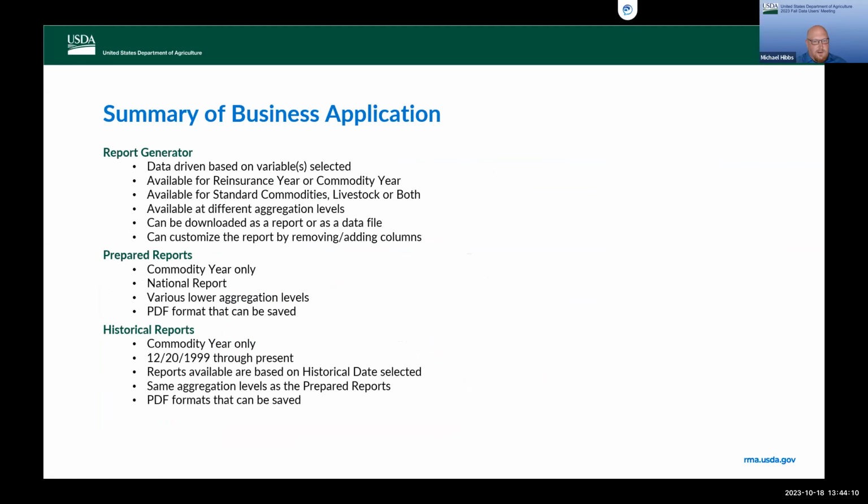The report generator, which will allow a user to customize and create your own report that you're able to save and download. It has prepared reports, which are more similar to the one-click reports, no customization, and then historical reports, which, as I mentioned earlier, reports are regenerated each Monday of the week. These go back each Monday to 1999.